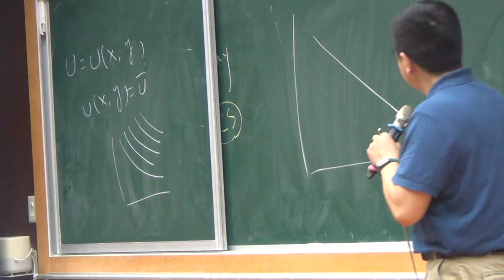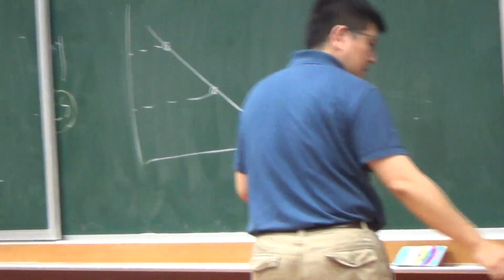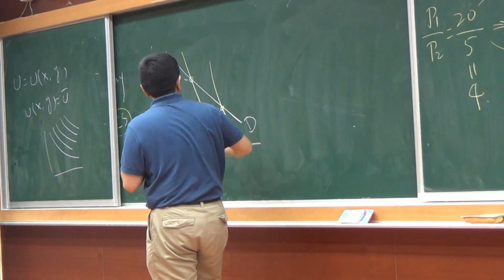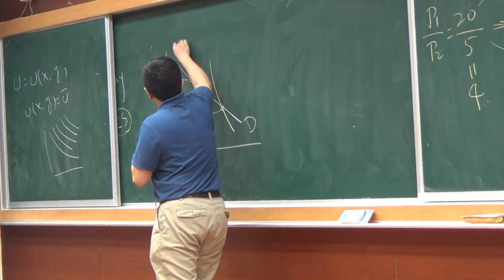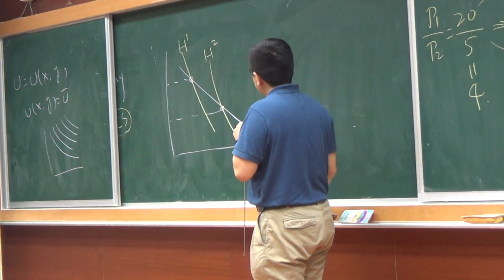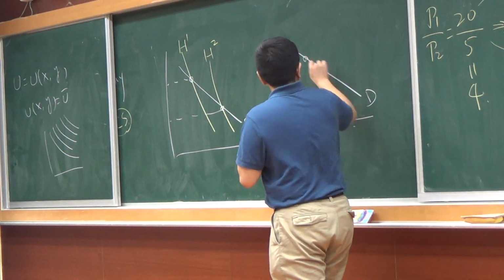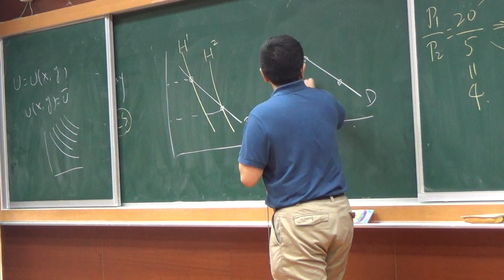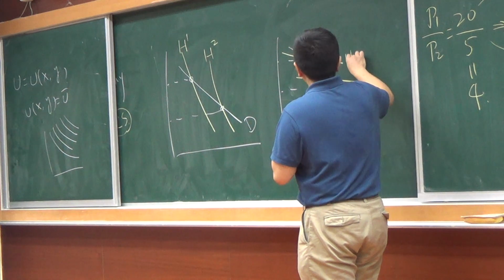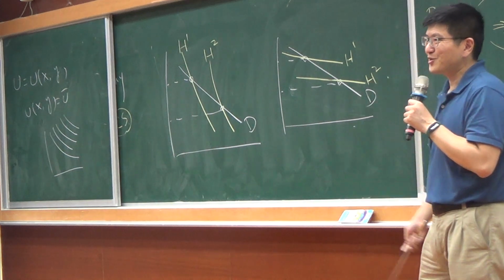Marshallian demand. Hicksian demand. Which one is correct, do you think?